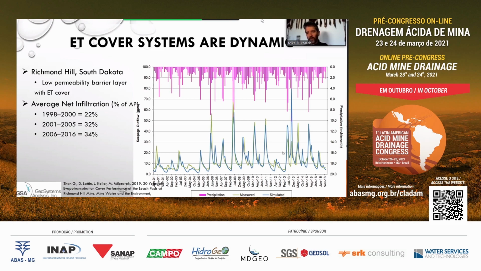What we see over time is that initially the net infiltration control was working as designed. Around 20% of the annual precipitation was coming through the cover system. And over time that has changed. Now there's about 50% more precipitation coming through the cover system. So this is another consideration in the design that you need to think about.